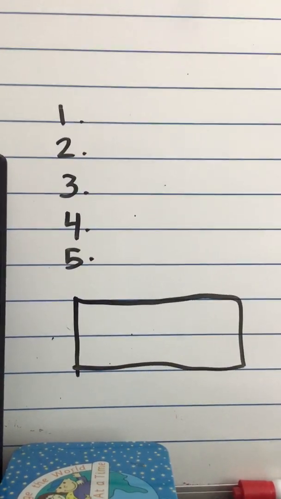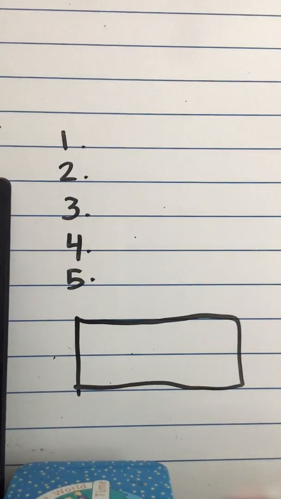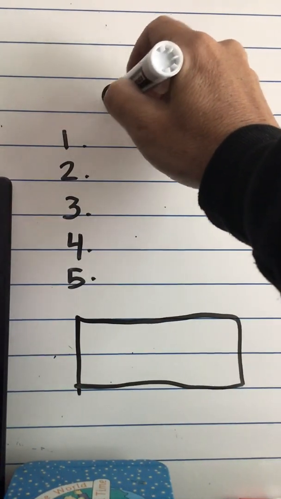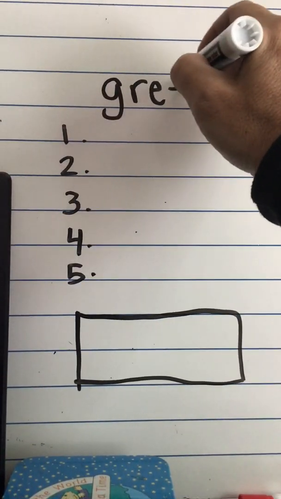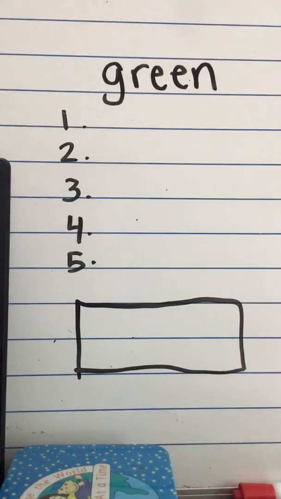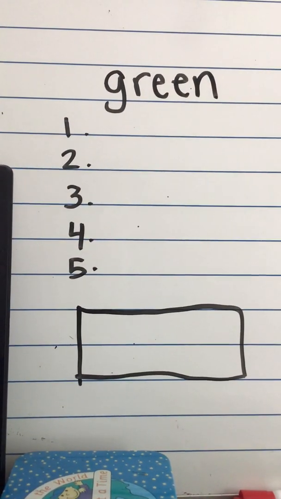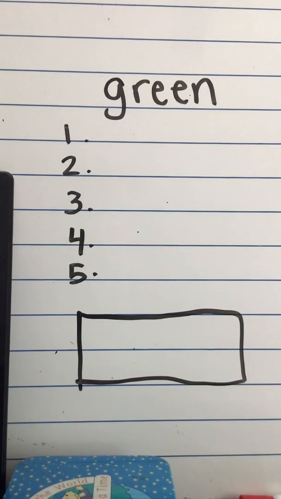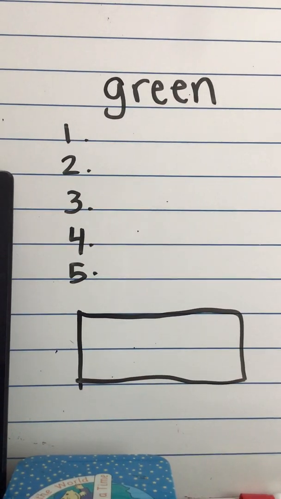So we're going to start off here by picking a color, and I'm going to pick the color green up here. And what I'm going to do is look around the room that I'm in or the house that I'm in, and I'm going to try to find some things that are green and write them down.